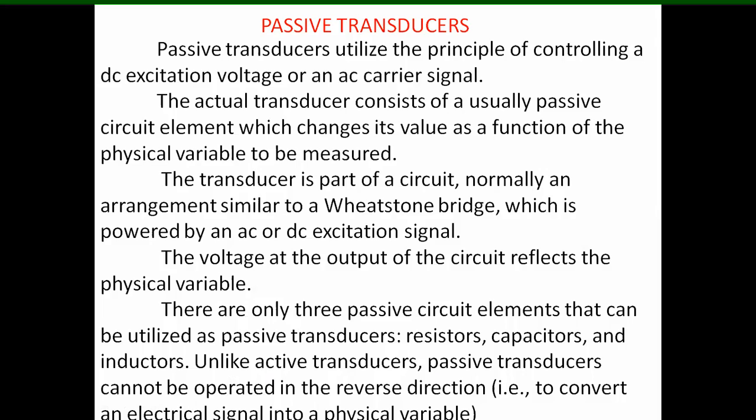Generally, there are two types of elements: active elements and passive elements. Passive elements are resistors, capacitors, and inductors. Active elements are transistors and photodiodes. Diodes and transistors come under the active circuit elements. Based upon these passive circuit elements, passive transducers are classified.